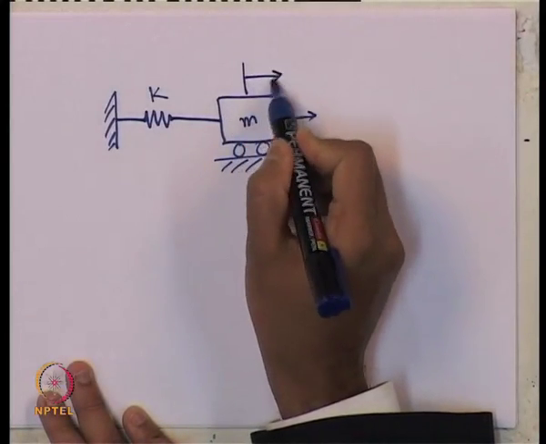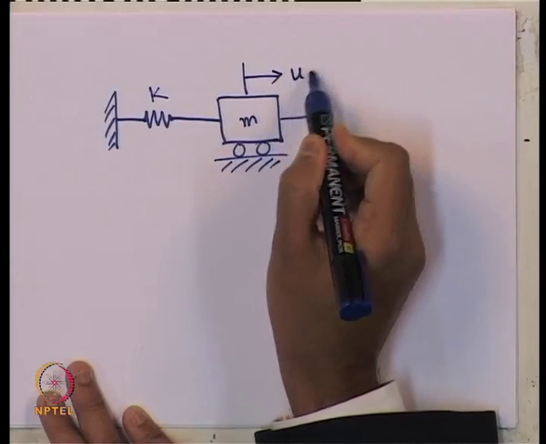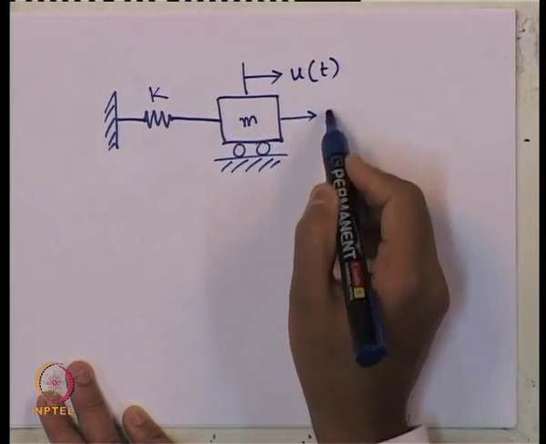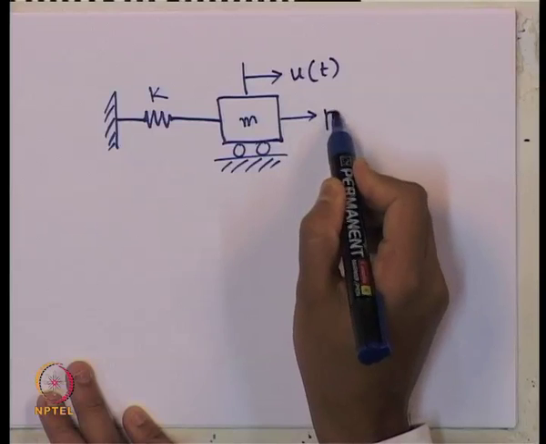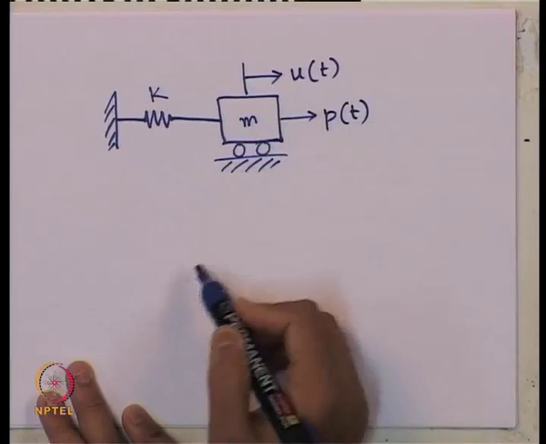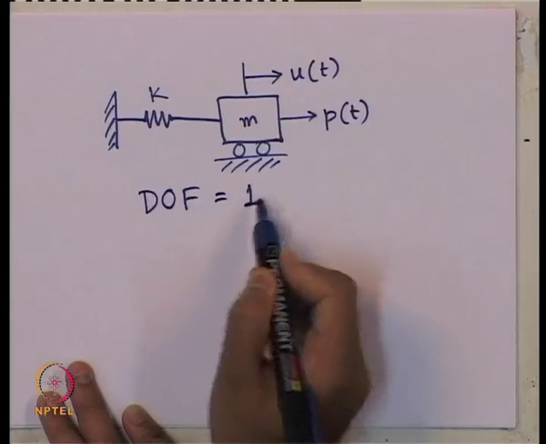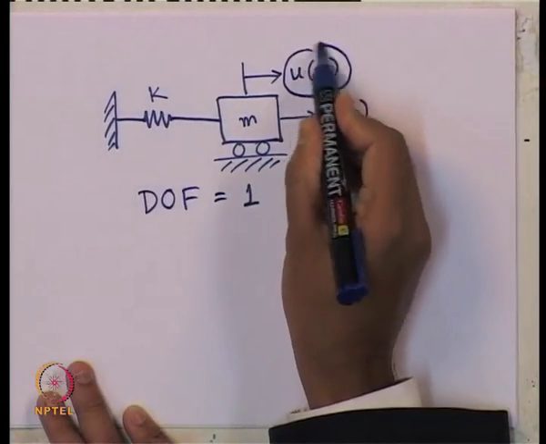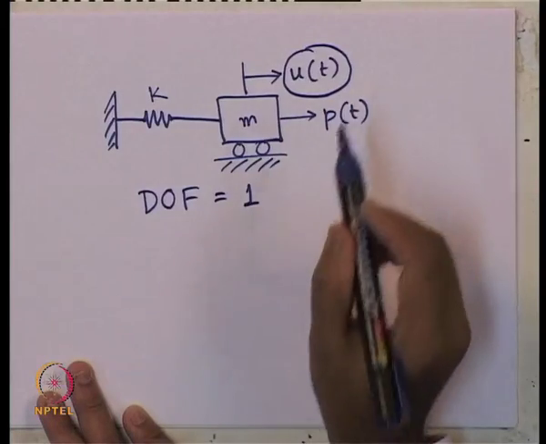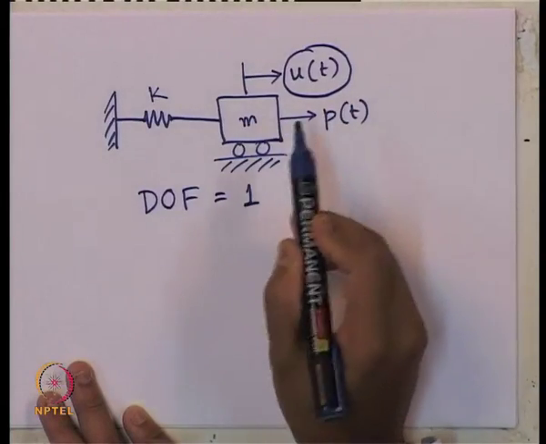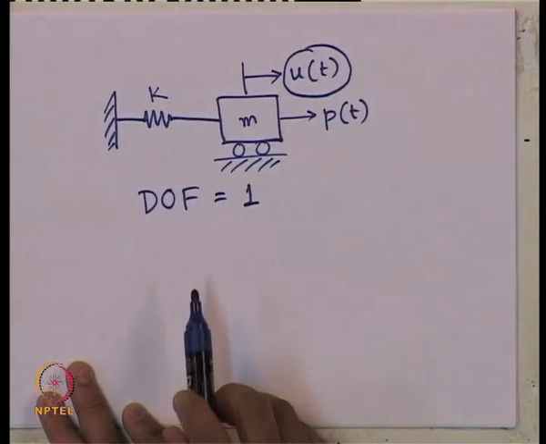That is this u of t, because of application of say p of t. So, in this case the degrees of freedom will be 1, because only one parameter or coordinate is required to know its position at any point of time.